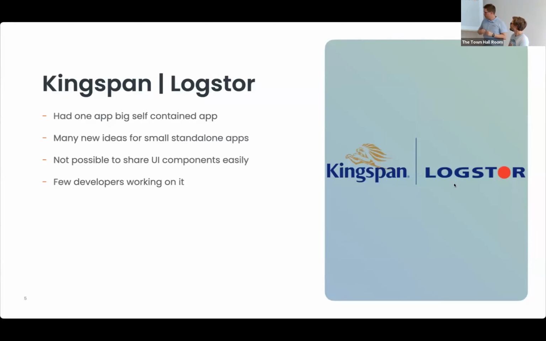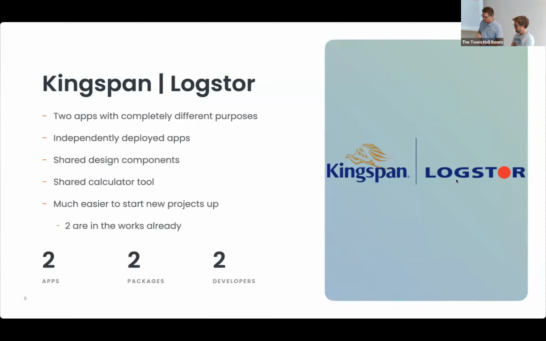And that's all good. Now they wanted some new apps in the same domain, but as completely standalone. We didn't really have a way to share the components, and they're supposed to be different apps. So even though the project wasn't that big, we actually migrated to NX. Now we have 2 apps with completely different purposes, but they're styled alike, and some of the calculator stuff is also shared. They can deploy them individually, and it's just way easier to start new projects.